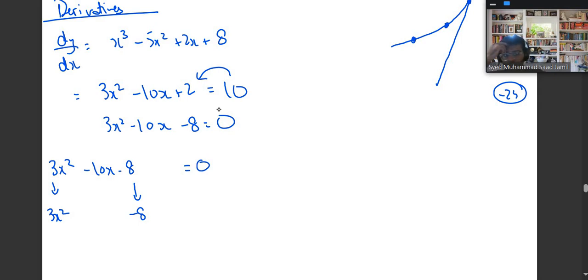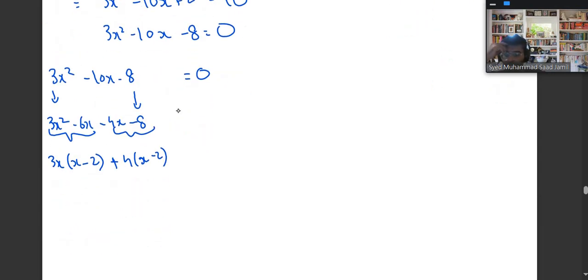Those two numbers are 6 4s are 24. So minus 6x minus 4x. Alright. So now we will take 3x as common, so this becomes x minus 2. We will take plus 4 as common, sorry, x minus 2. So this becomes 3x plus 4.